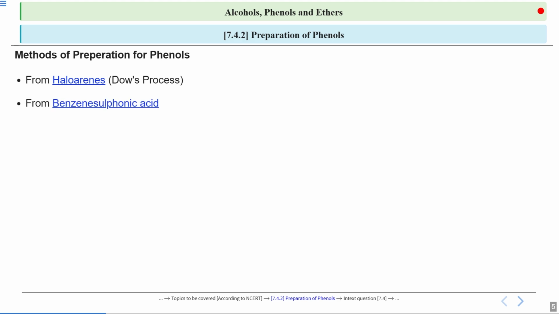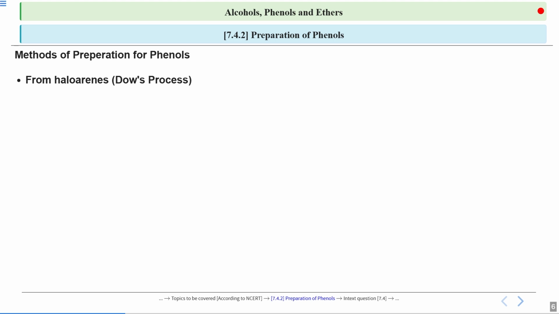So from benzenesulphonic acid also we can prepare phenols. Third method is from diazonium salt. And fourth method is from cumene, that is isopropyl benzene. And today we are going to see all these four methods of preparation of phenols one by one.